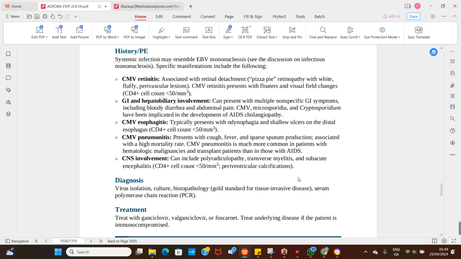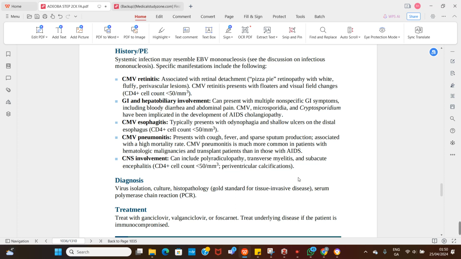You are thinking, oh, could this be infectious mononucleosis? They did the heterophile antibody test, it is negative. They did the EBV specific antibody test, it is negative. So think about CMV. This is step one stuff. Everybody knows it. Very important. We should not forget it.